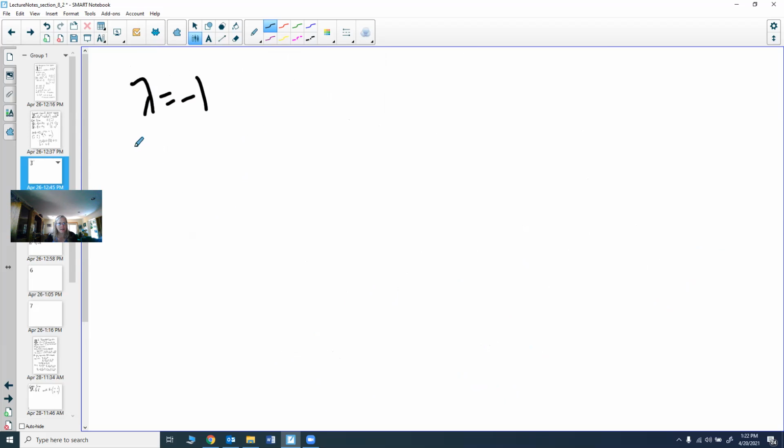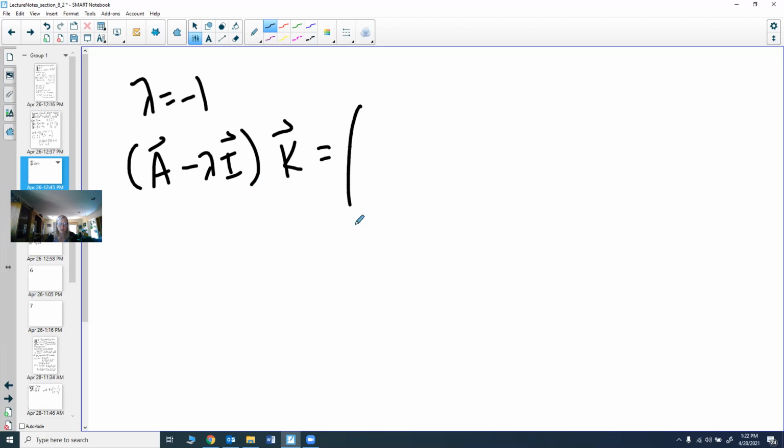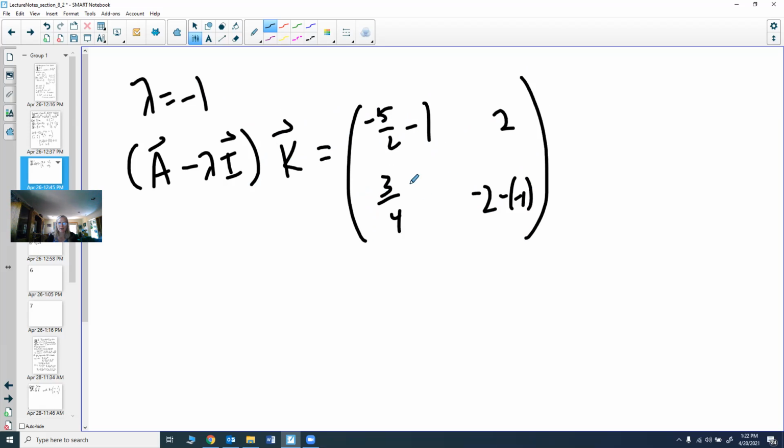And that means, again, we've got A minus lambda I times K. Well, A minus lambda I will be the A, which is minus 5 halves minus 1, 2, 3/4, and then minus 2 minus a -1, because we're subtracting the -1 out of the diagonal, times k.